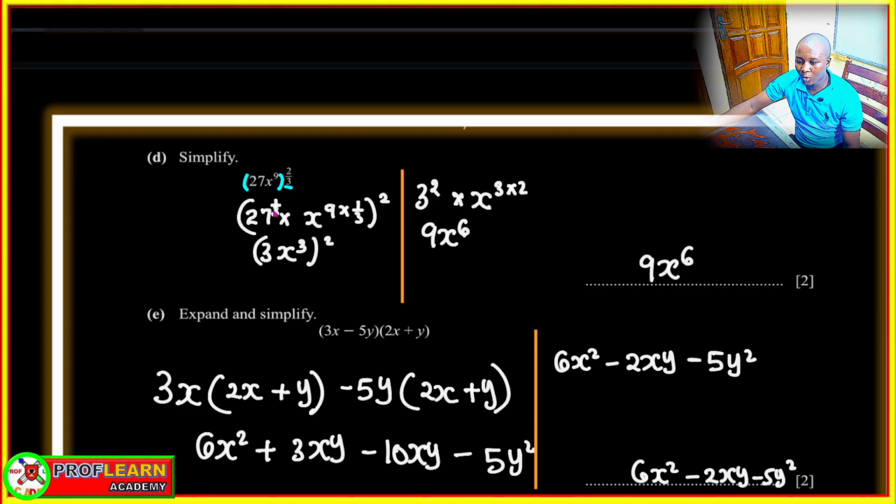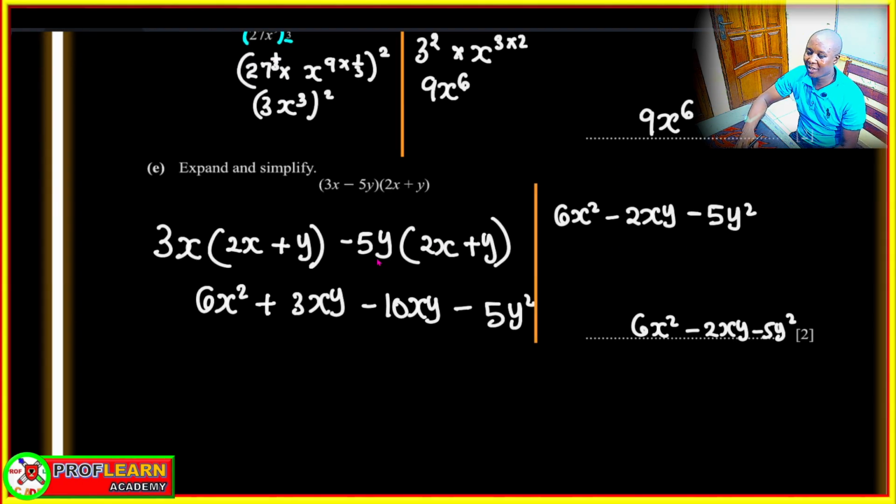Then 27 raised to power a third is like the cube root of 27, which is 3. And x raised to power 9 times a third will be x raised to power 3. Then if we square this, it is going to be 3 squared, and the powers here, we are going to multiply them, and you get 3 squared is going to be 9. x raised to power 3 squared is going to be x raised to power 6. And that becomes our answer.